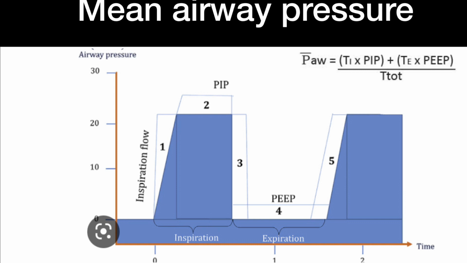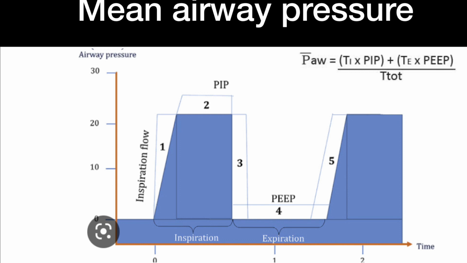If the flow rate is kept high, it may help to open up the atelectatic alveoli, and it also improves the gas exchange. But the disadvantage is that if the flow rate is very high, it increases the mean airway pressure, and at the same time it impedes the venous return. So higher MAP can be potentiated by increasing the flow rate.